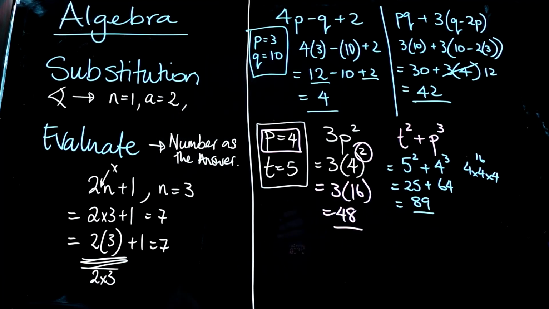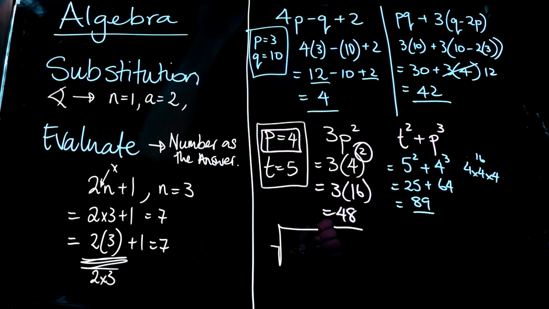Okay, one more question, because I just want to point this out to you. I know there's a couple of questions there that involve the square root sign. So we've got the square root of p to the power of 2 plus 3 to the power of 2. Now there's a couple of ways we could answer this question.